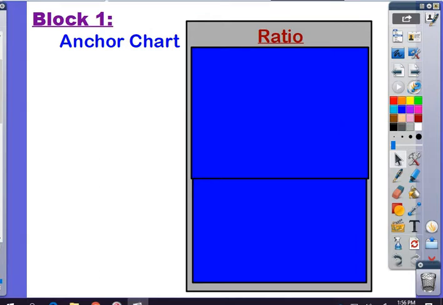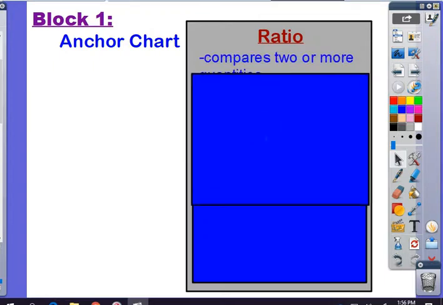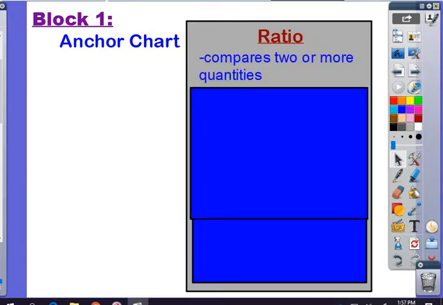Comparing to, okay, or quantities, compares two or more. It can be more. Most of the time we just see two. So it compares two or more quantities. Or a fancy word for amount, maybe.